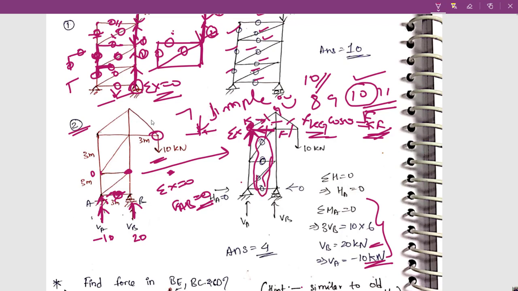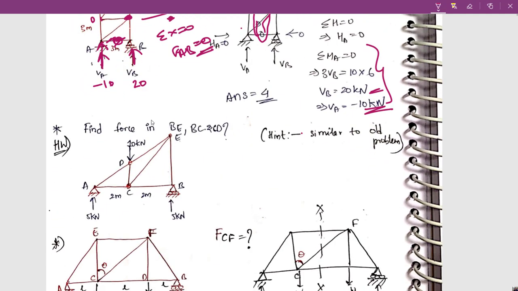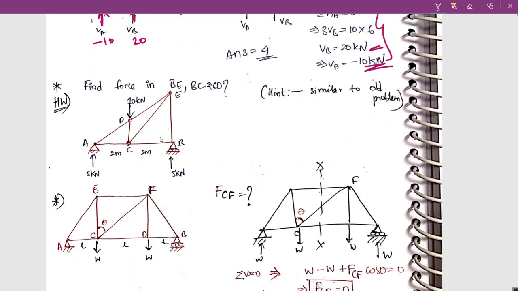Okay. Practice this question 2-3 times, you will be perfect in it. Now this is a similar question which you have solved, right? Find the forces in BE, BC and CD. Where is BE? This is BE. Where is BC? This is BC and CD.